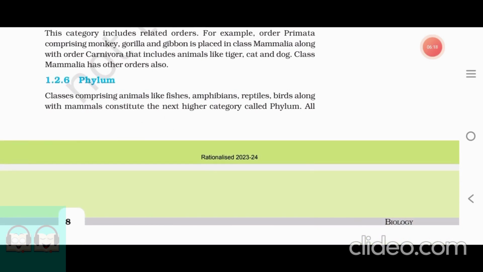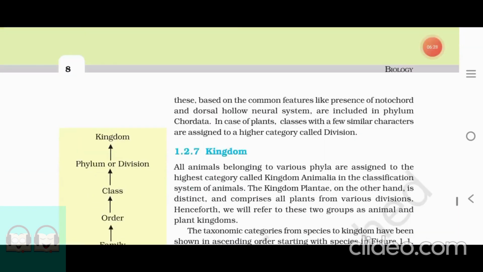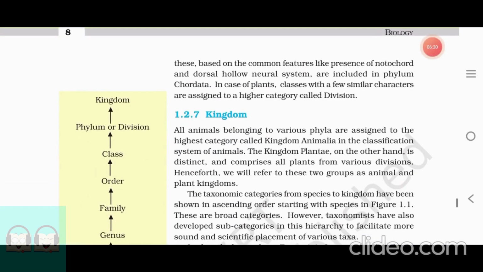Classes comprising animals like fishes, amphibians, reptiles, birds, along with mammals constitute the next higher category called phylum. All these, based on the common features like presence of notochord and dorsal hollow neural system, are included in phylum Chordata. In case of plants, classes with a few similar characters are assigned to a higher category called division.